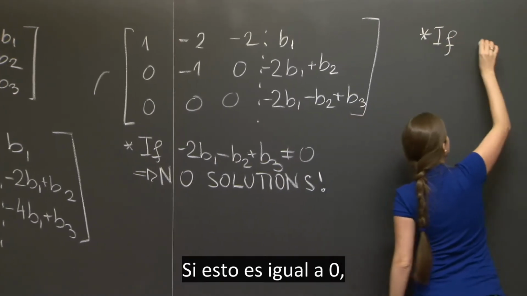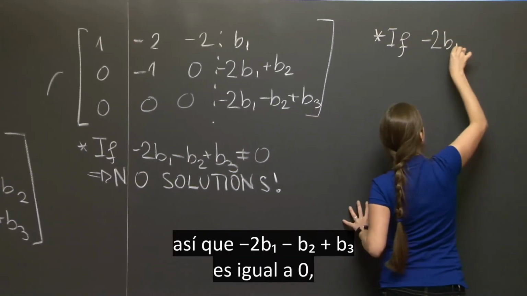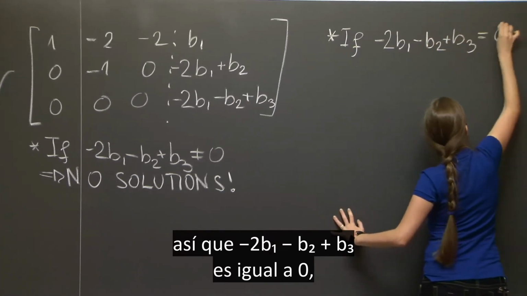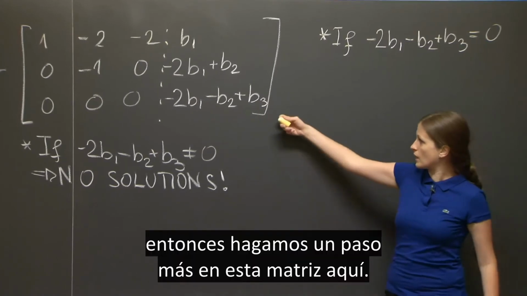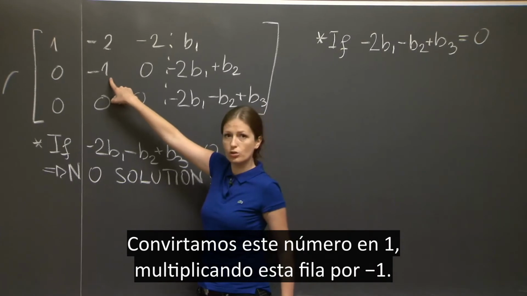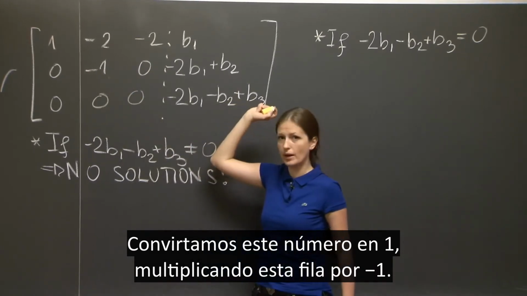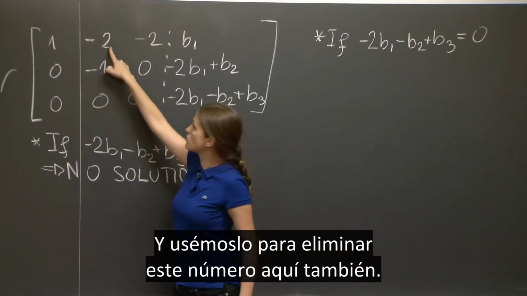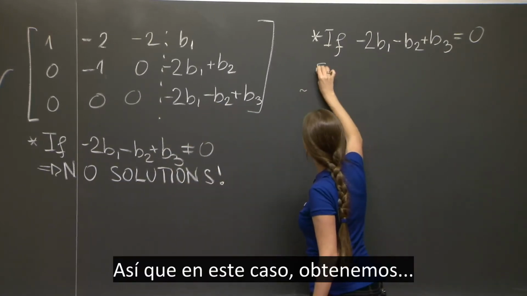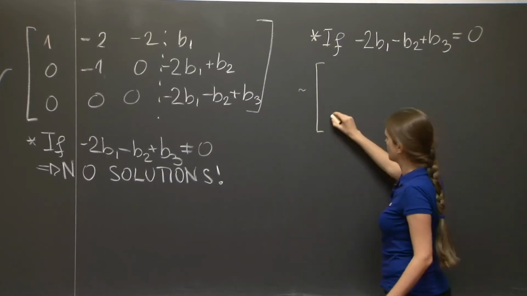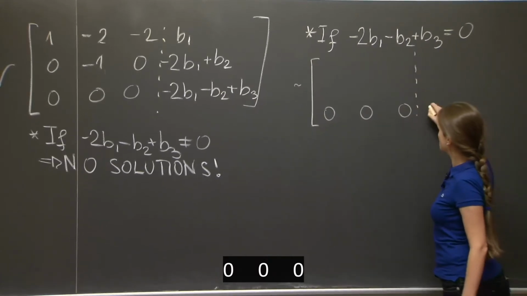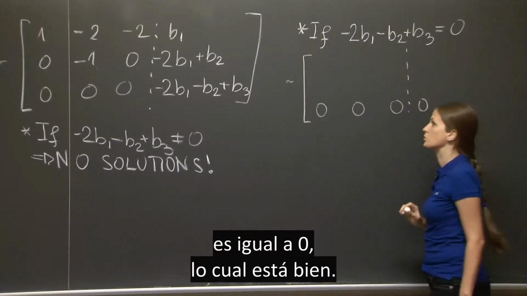If this is equal to 0, so minus 2b1 minus b2 plus b3 is equal to 0, then let's do one more step on this matrix here. Let's turn this number into 1 by multiplying this row by negative 1, and let's use it to eliminate this number here as well. So in this case, we get, from the last row, 0, 0, 0 equals 0, which is fine.